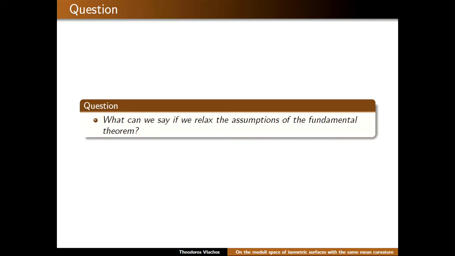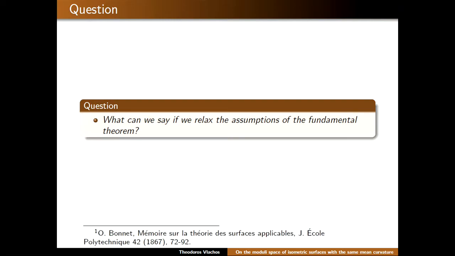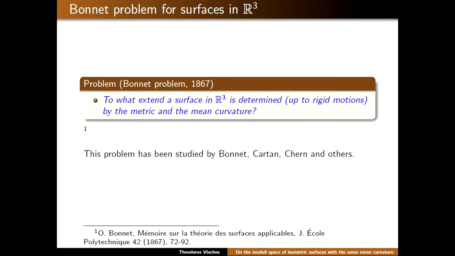Then it is natural to ask the following question. What can we say along these lines if we relax the assumptions of the fundamental theorem? In fact, this question was first studied in a paper that goes back to 1864 by Bonnet. Bonnet studied this question for surfaces in the three-dimensional Euclidean space.